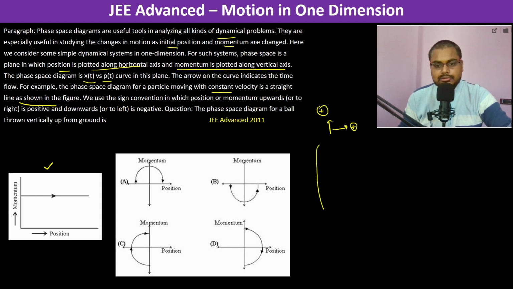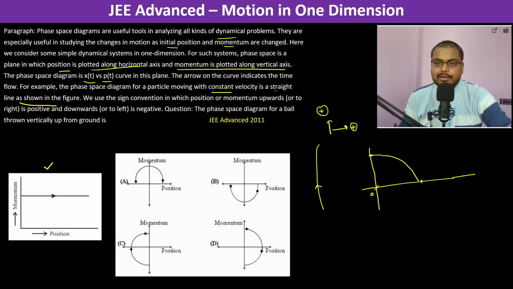Initially, at position 0, the momentum is quite big. As it goes up, the momentum keeps on decreasing and goes to 0.